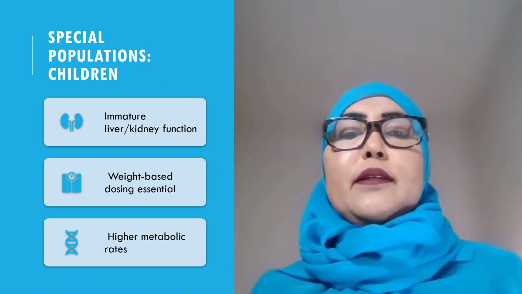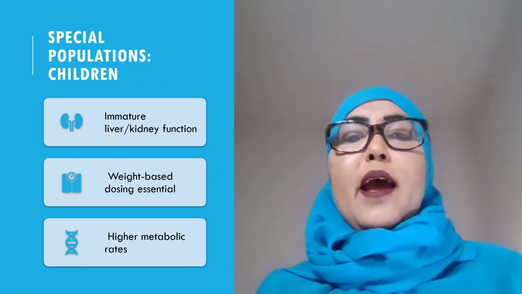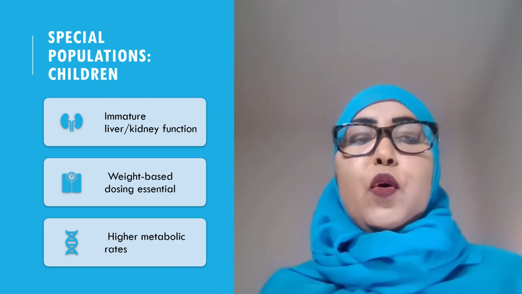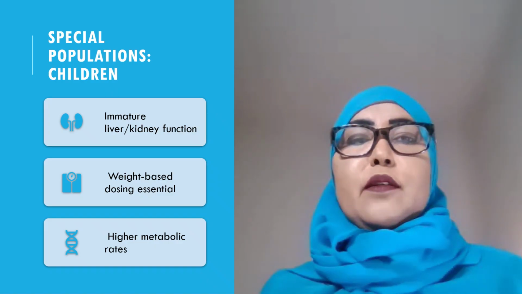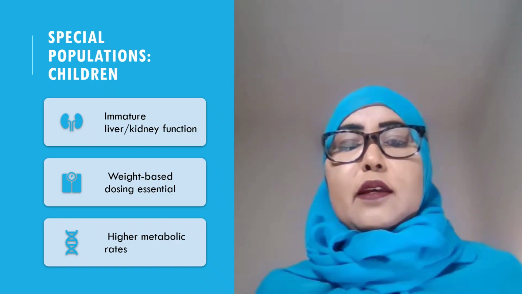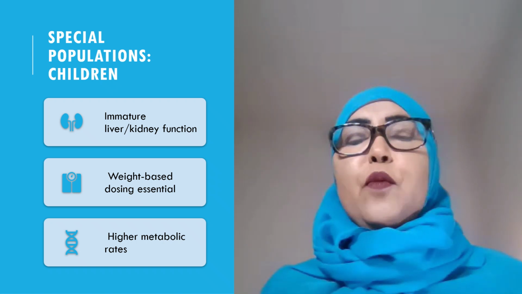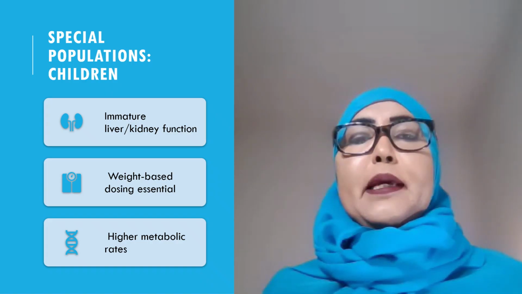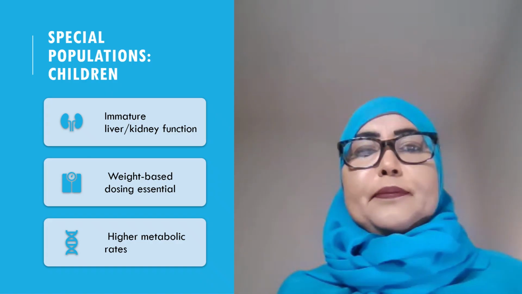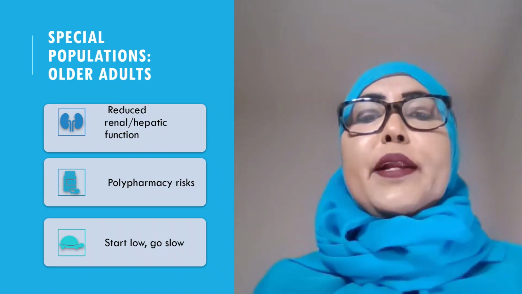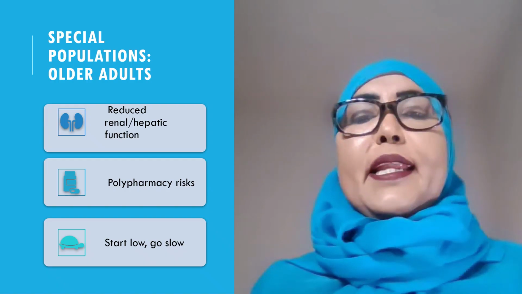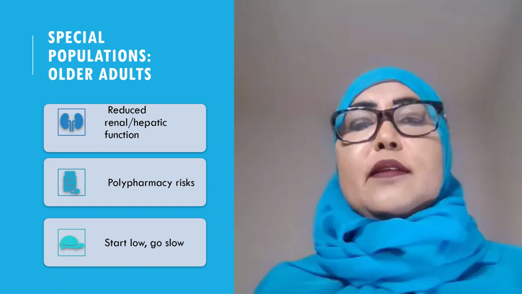Special population. Children have immature liver and kidney function. They require weight-based dose calculation because their weight is smaller, and they have a higher metabolism rate. Elderly populations have reduced kidney and liver function.